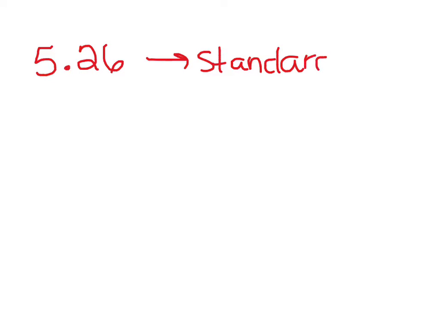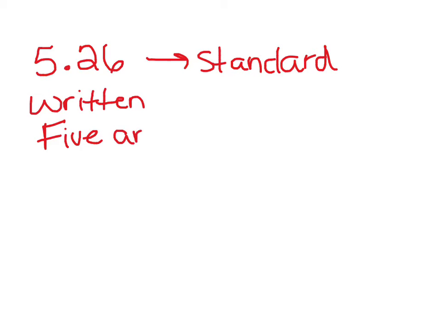Okay, so let's look at a couple examples. So if I have the number, let's do an easy one, 5 and 26 hundredths. Okay, 5 and 26 hundredths. So this is standard form. And written form, we're going to write it just like we said it. 5, the decimal says "and."